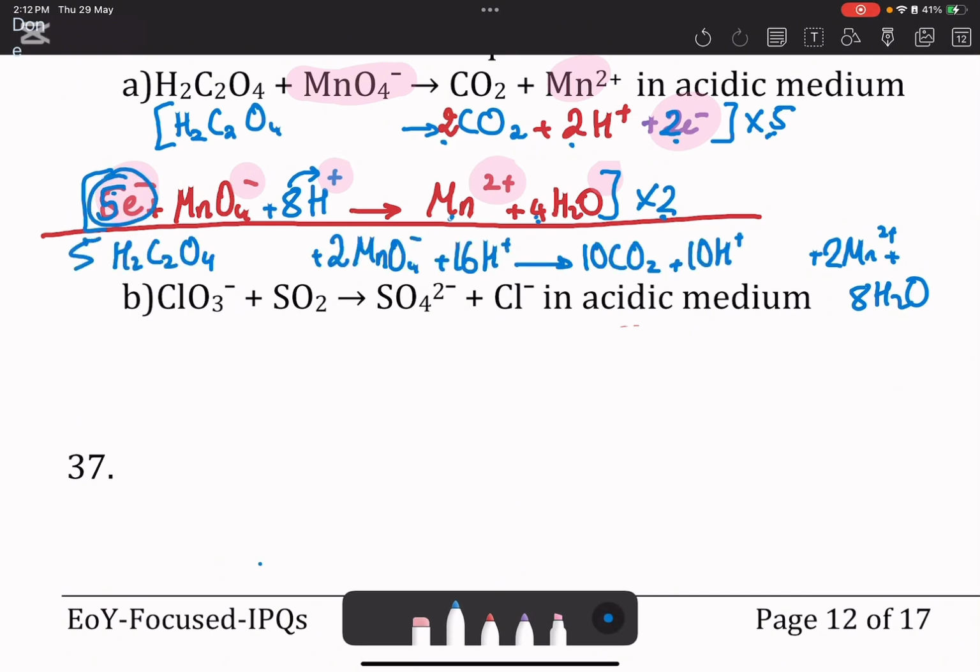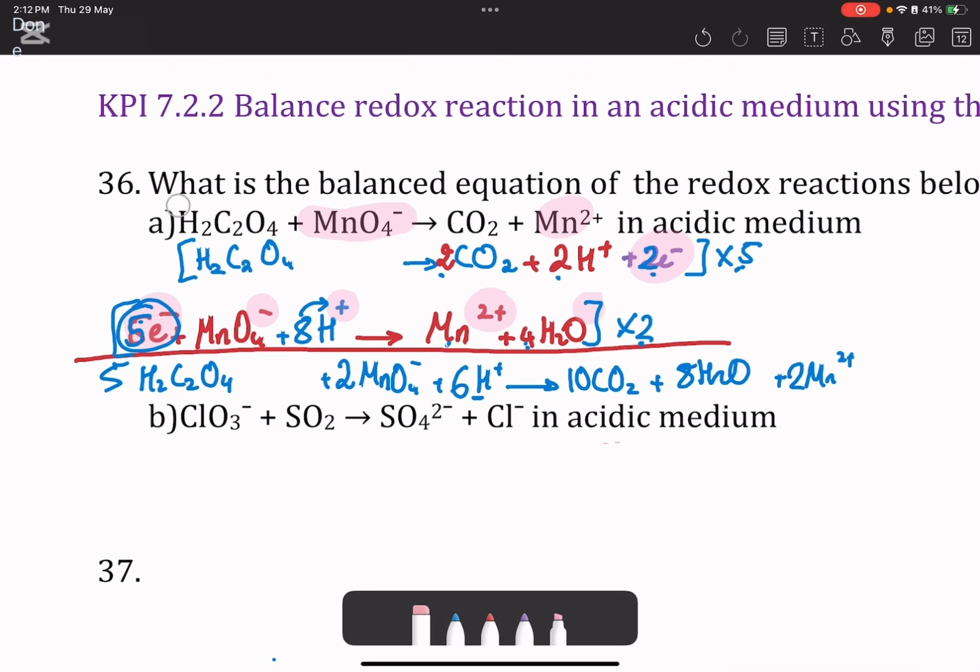Also, I have 16 H plus and here 10 H plus. So 6 only will remain at this side. That's it. Just for the space, I'm gonna put the 8H2O over here. And you're done. So in balancing this one, here should be a 5. Here should be a 2.